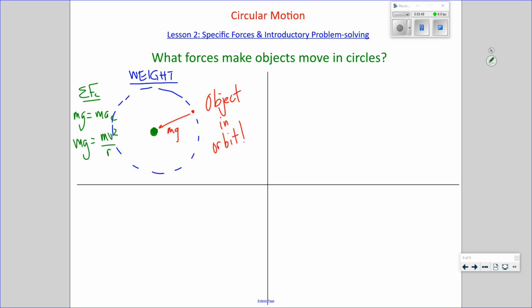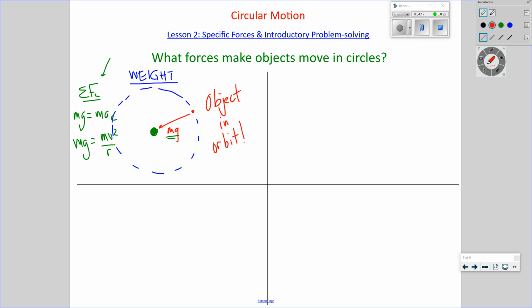That gravitational force always is attractive and points towards the center of the orbiting object's circular path. Thus, it's a centripetal force. And thus, when we write our net FC statement, that's the only force there is. So weight, or gravitational force, is a great example of an object moving in a circle because of a certain kind of force.